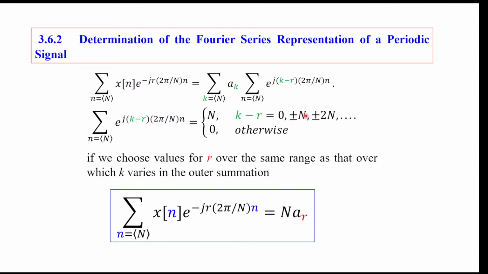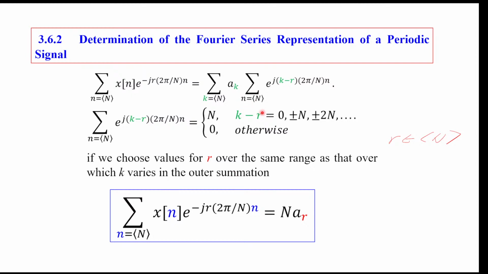Because they cannot differ by more than plus or minus N. So r in this N bracket is the same as this big N bracket. So if r is in the N bracket, either you have r equal to k or this summation equals 0.